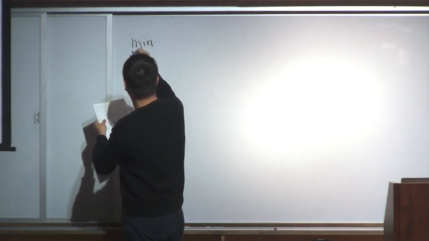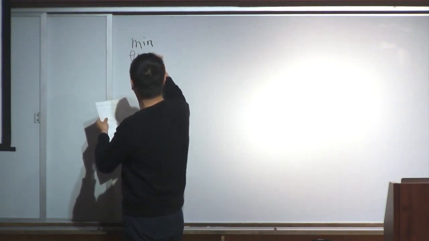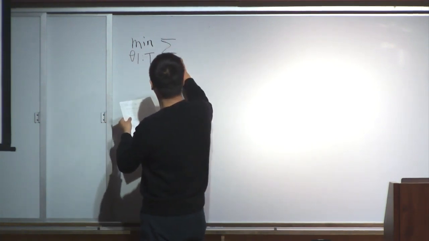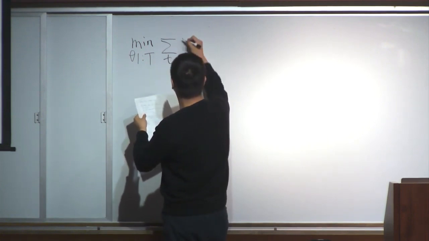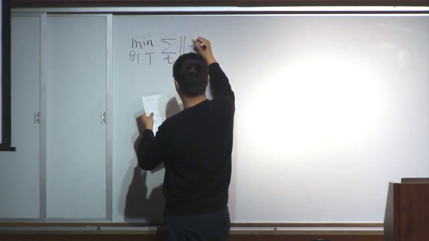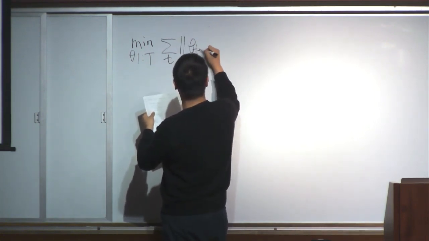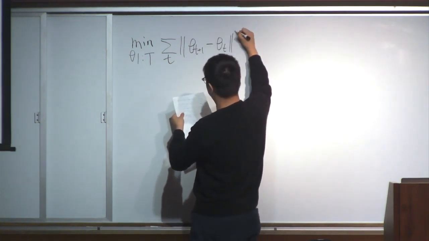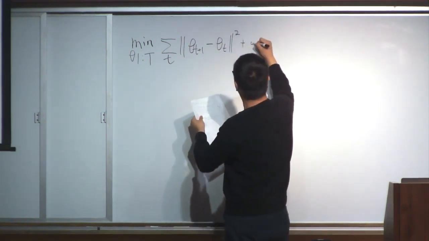minimize over theta_1 to theta_T, the sum over t of theta_{t+1} minus theta_t squared, plus some other costs.